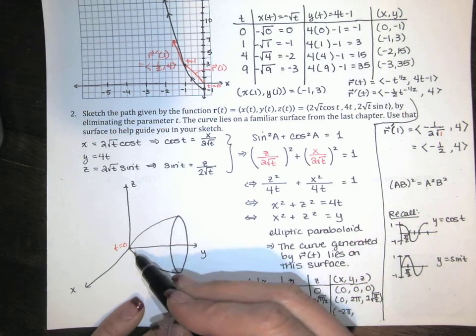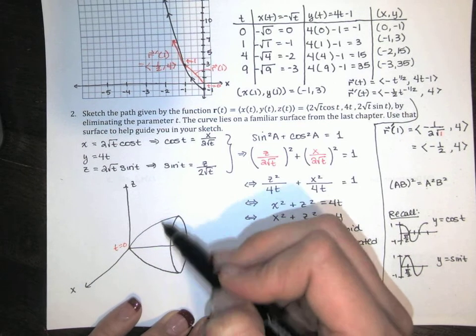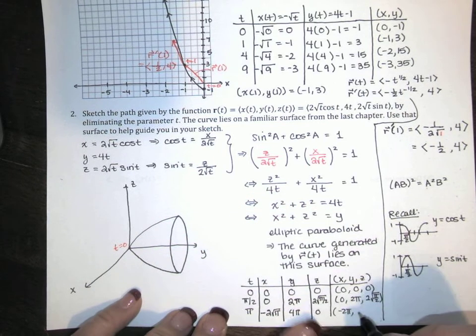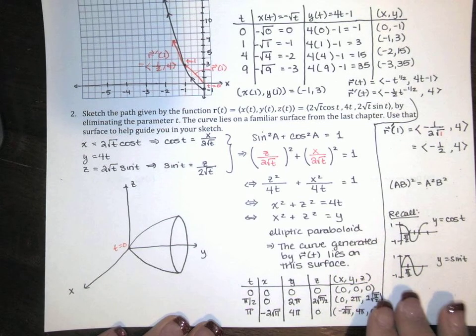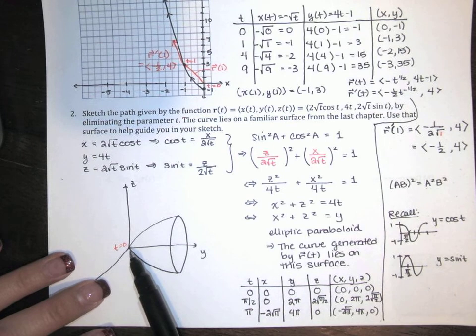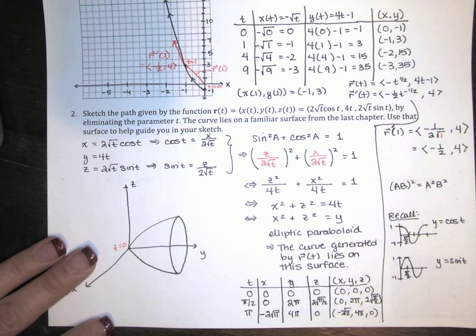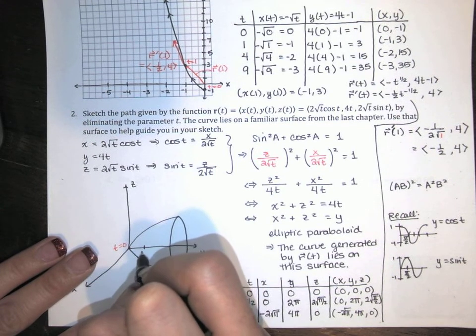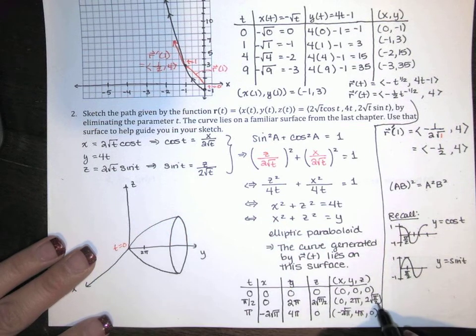Now remember, the whole time we're on this surface, the question is, what are we doing on the surface? Are we just scribbling back and forth? I don't think so, but let's see. All right, we start at 0, 0, 0, and then pi over 2 radians later, x is still 0, but y is 2 pi, and z has the value of 2 times the square root of pi over 2.